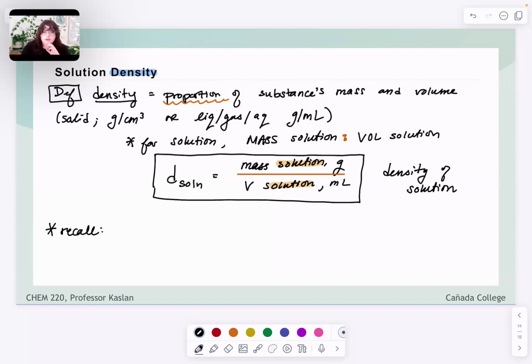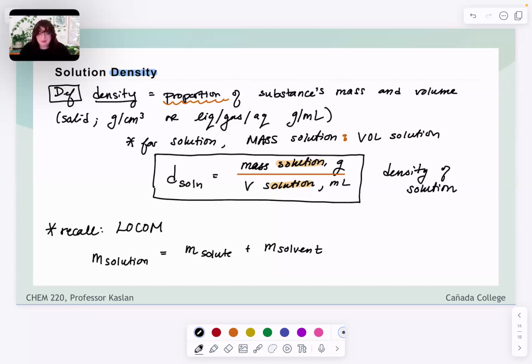Let's remind ourselves of something that is like a core law of the universe. Recall the law of conservation of matter. We have talked about this before. The mass of solution is going to be equal to the mass of the solute plus the mass of the solvent. Mass is conserved. If I've got 5 grams of sucrose that I dissolve in 10 grams of water, I should have 15 grams of solution. My total amount of mass should not change.